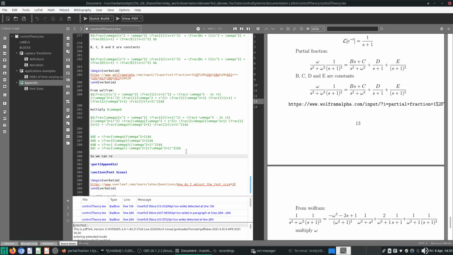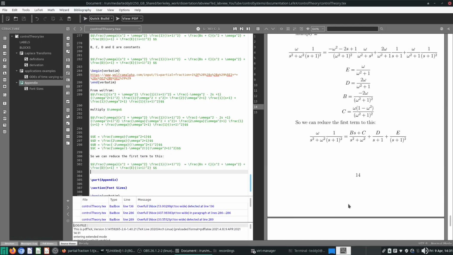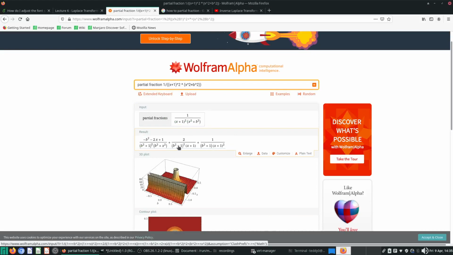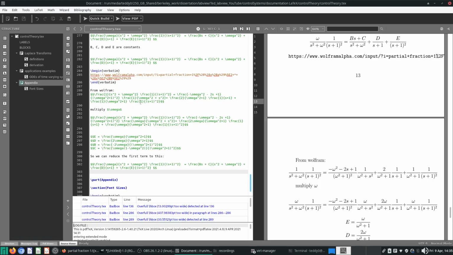So we can reduce the first term to this. I think there's a careless mistake here. This should be omega squared plus 1, whole thing squared, because that's what it says here: s squared plus 1, whole thing squared. So from Wolfram, the second one will need to be squared.